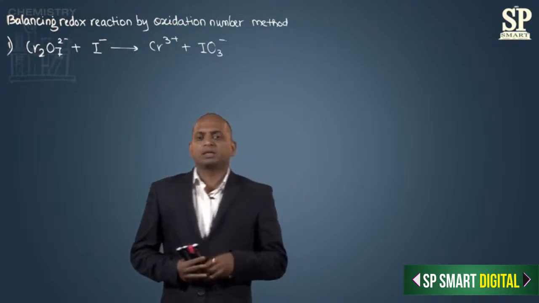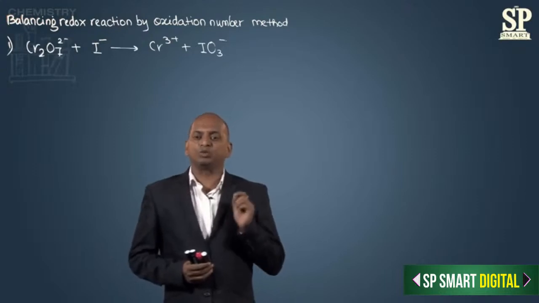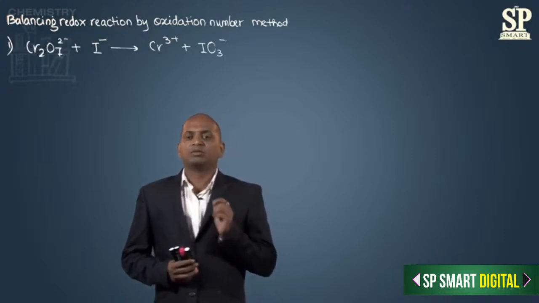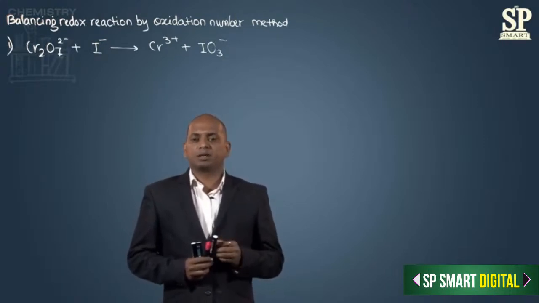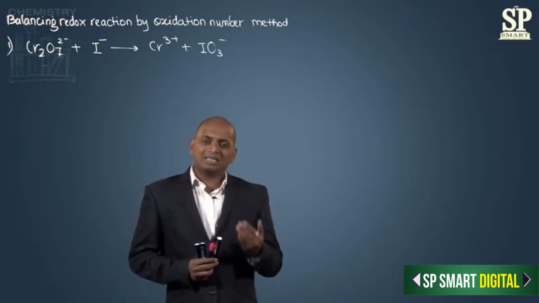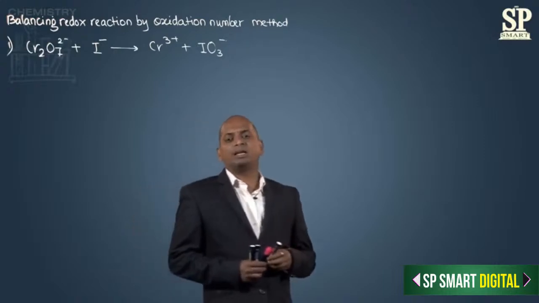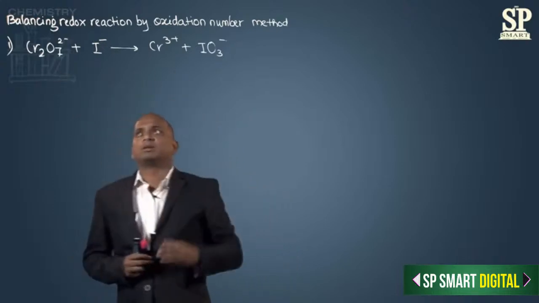In this case, the oxidation numbers of the oxidized and reduced species are used for balancing the redox reaction. This is one of the simplest methods and it also involves fewer steps as compared to the ion electron method.